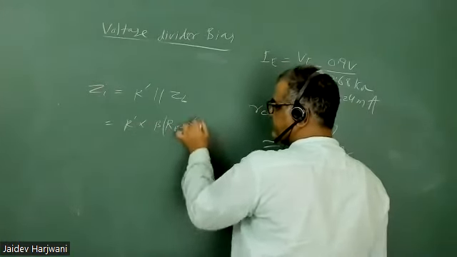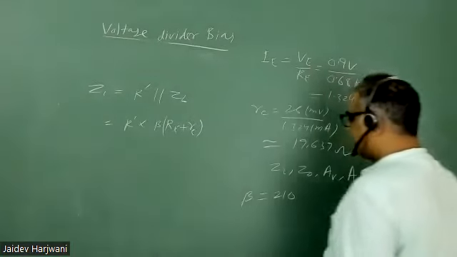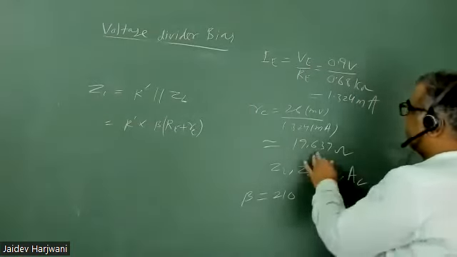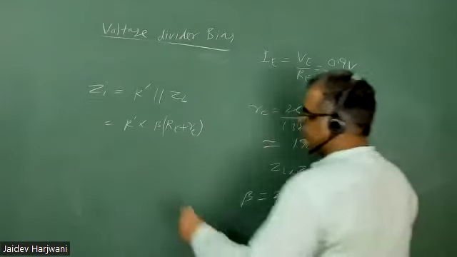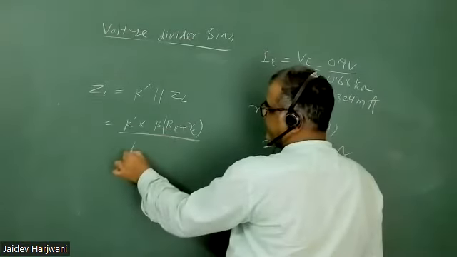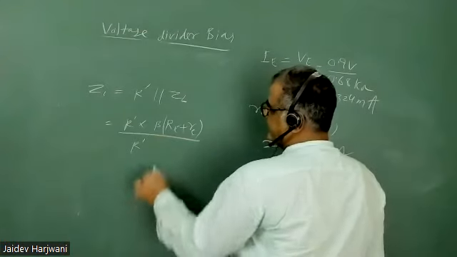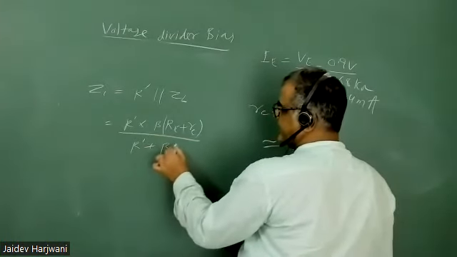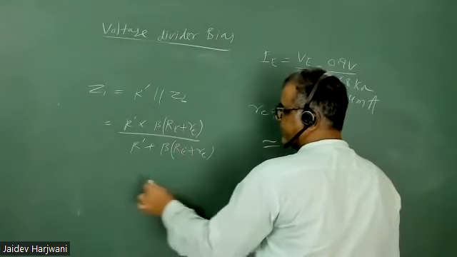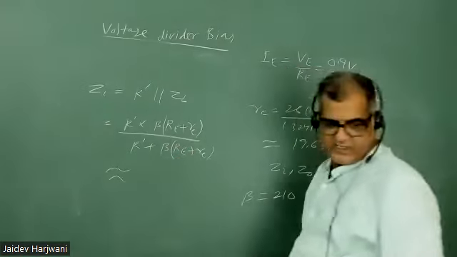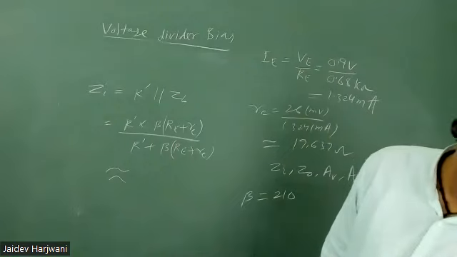You can take this approximation. If this is very small, you can neglect it. This is ohm and that is kilo ohm, so you can neglect it. Then you have R dash plus Zb, that is beta re plus re. I am giving the approximate answer. I have 8.4.